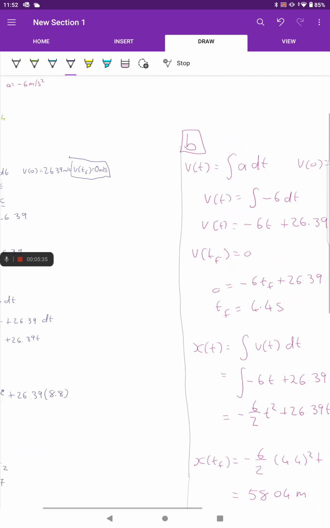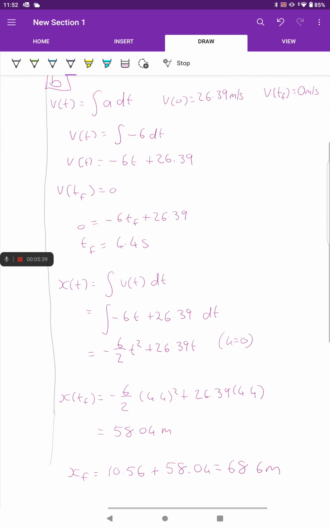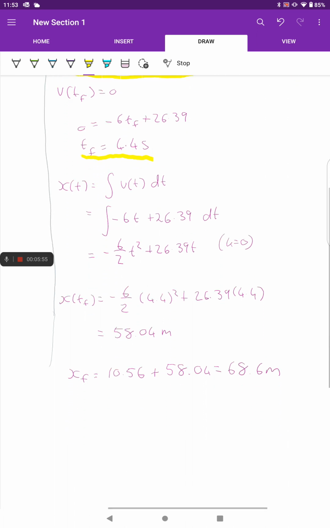Now, we can repeat this whole process for section B. I'm not going to go through it step by step once more, but it is written out here. So we find this time that we are integrating -6, the constant acceleration. And so this is the function that we get for the final velocity. It's very similar. This time we find that the time to stop is 4.4 seconds.